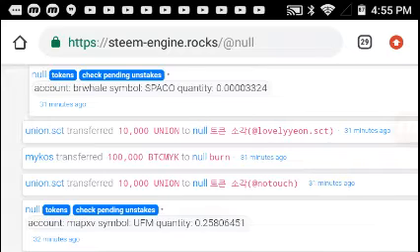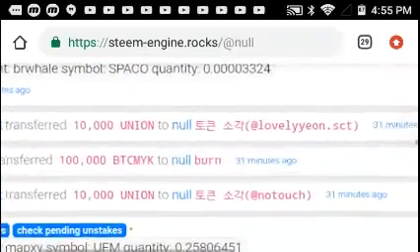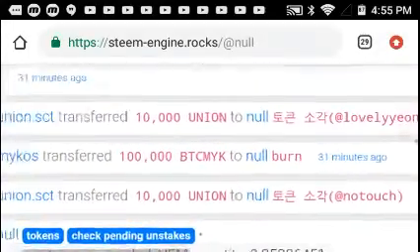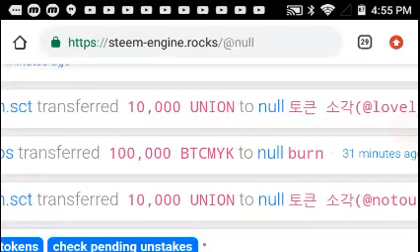Now, looking at your screen here, where the BtcMyk token trades, the blockchain is related to the Steem blockchain. To help you understand that real quick, the Steem blockchain now has its own version of ERC20 tokens. They're called SCOT tokens, and you can create these tokens on the Steem blockchain using the SCOT protocol.